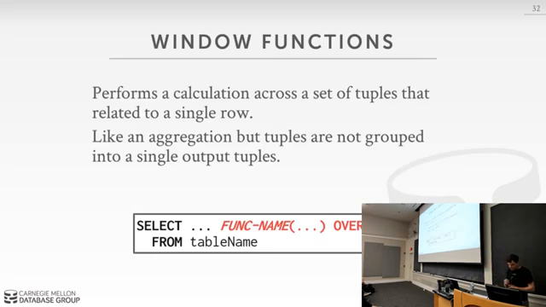Okay. Window functions. I would say they're new, but they're like 10, 15 years old now, so they're not brand new. A lot of systems don't support them, but the major ones do.